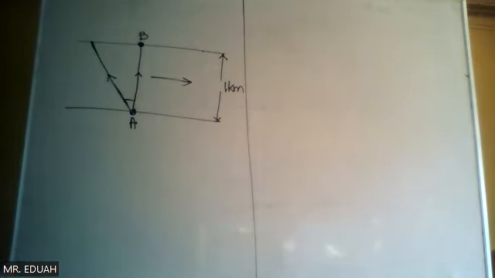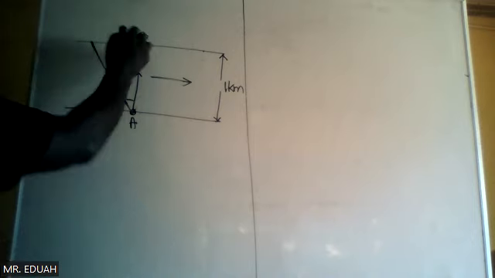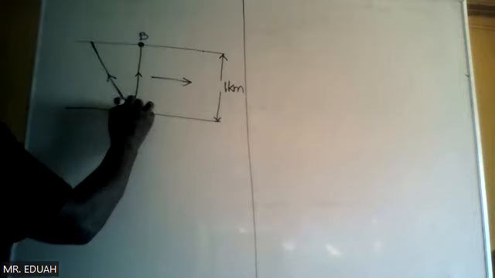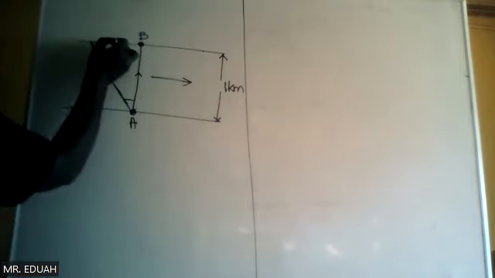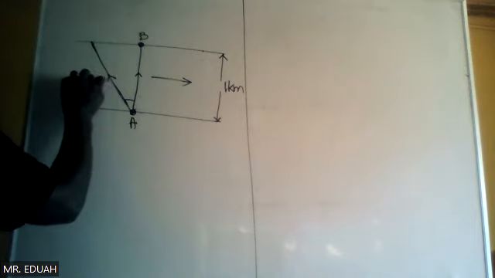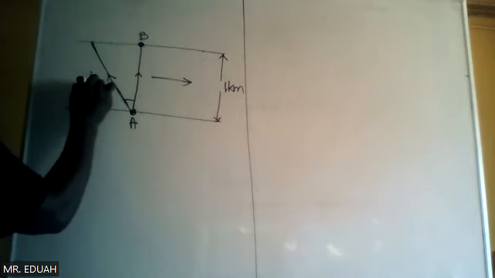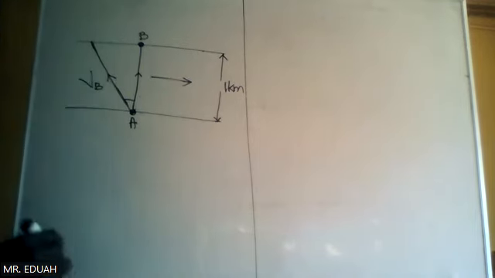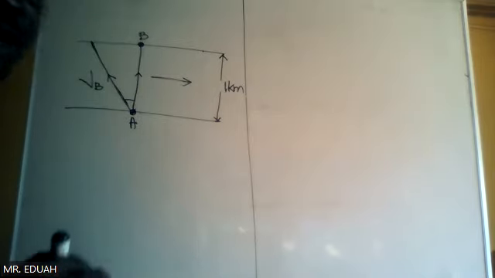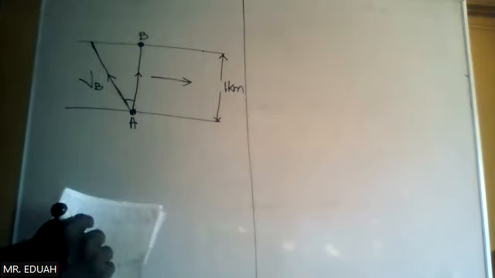If the river flows with a velocity of 5 kilometers per hour, in which direction should the boatman row in order to reach a point on the other bank directly opposite to the point from where he started? Okay, directly opposite, so from here to this point. So this is the velocity of the boat, even though we do not know the precise angle to direct it.